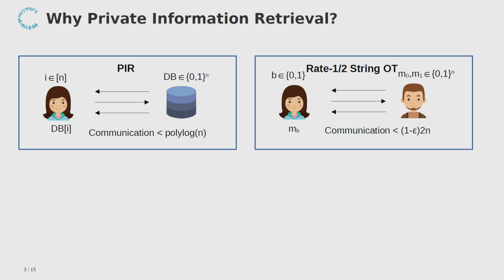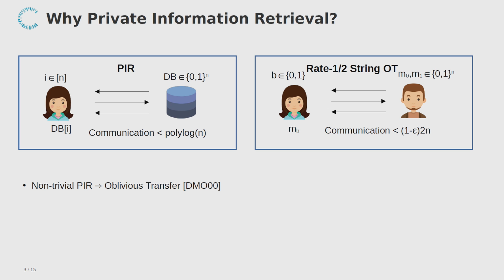Okay, what do we know about non-trivial private information retrieval? I will leave out the non-trivial part because it's repetitive. First of all, it implies oblivious transfer via this transformation by Di Crescenzo et al.